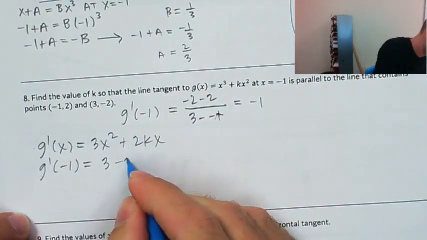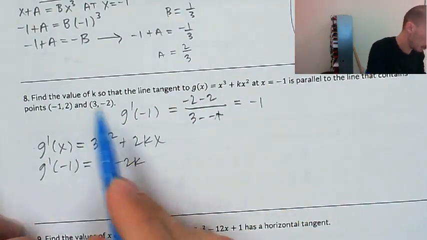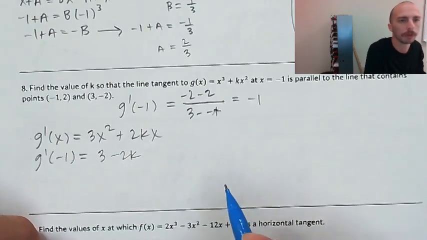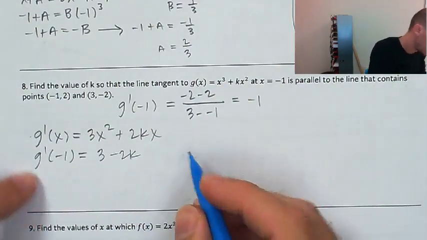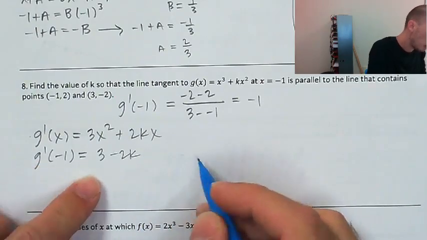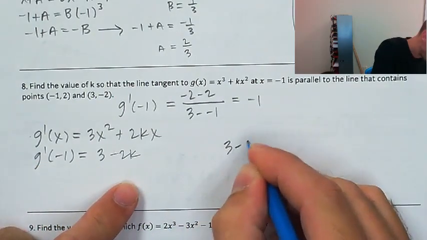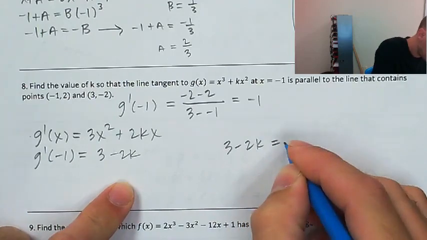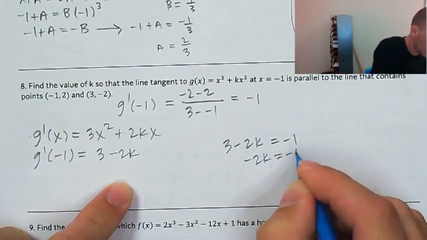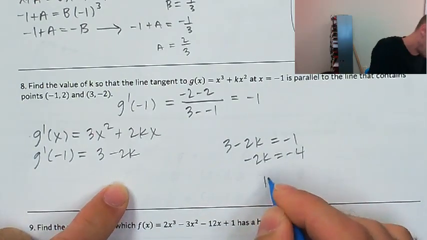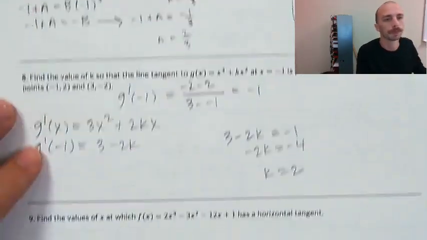Okay, I just wanted to double check that. I don't remember getting that the first time, but it's been at least a week since I worked this one. And okay, so now I know that 3 minus 2k equals negative 1. I'm going to subtract 3 from both sides. Divide by negative 2, and I'll see how k equals 2.